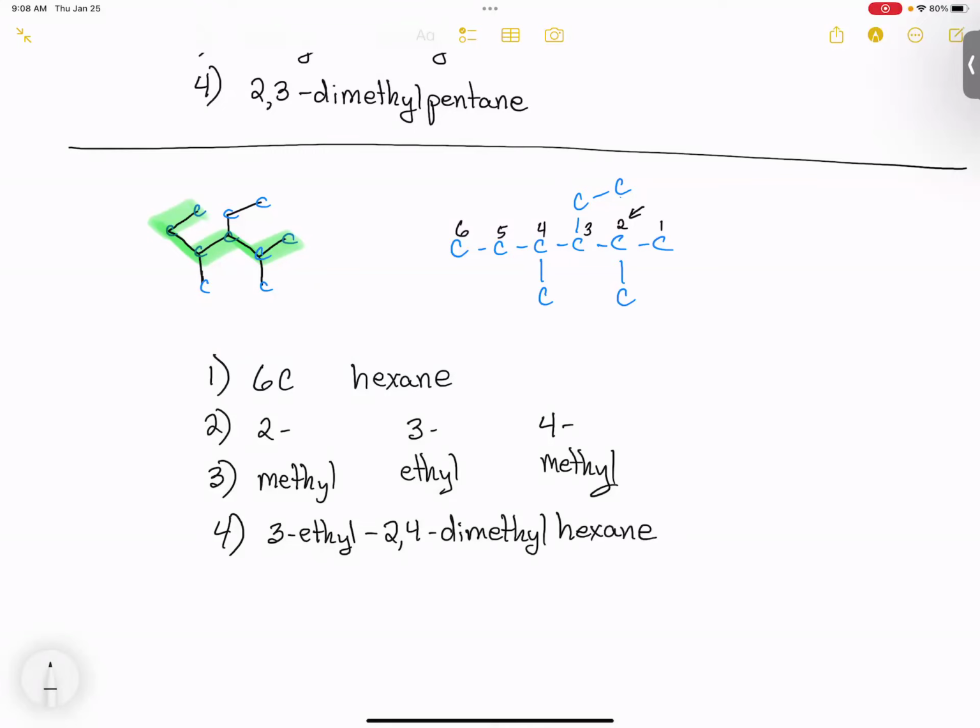In other words, the di doesn't count. It's what the substituent is: methyl, ethyl.